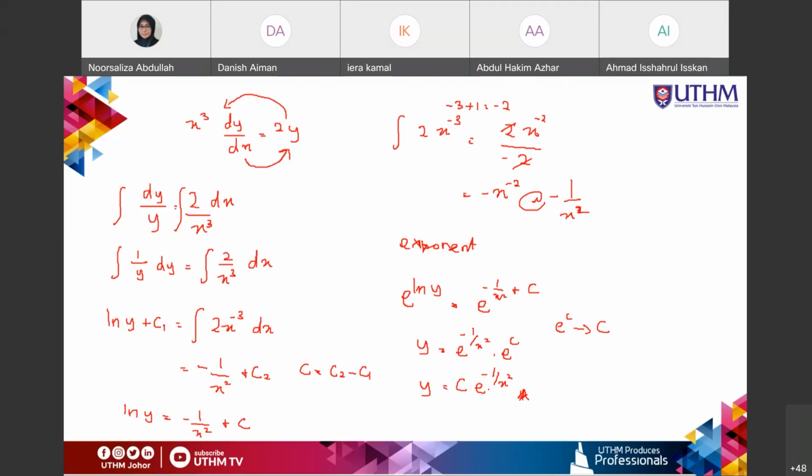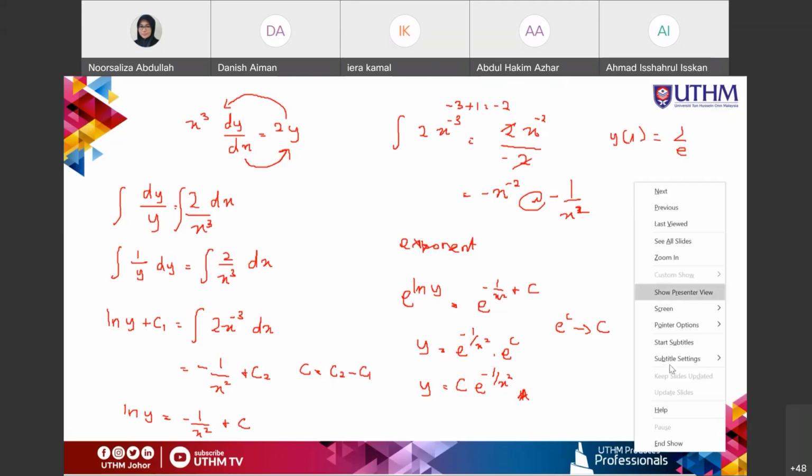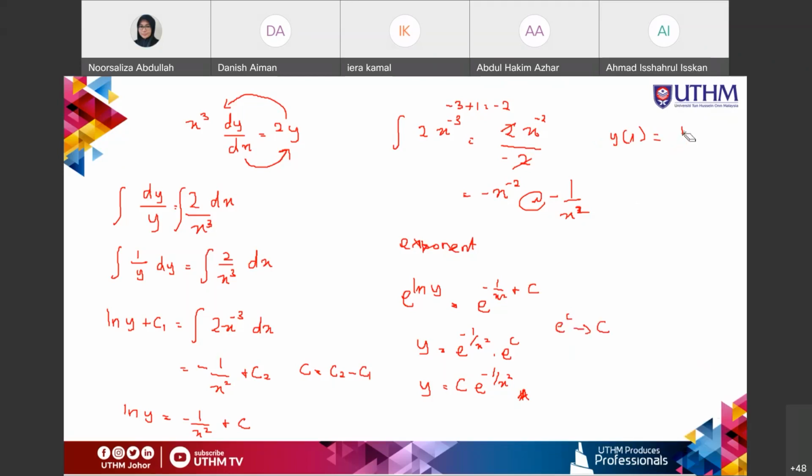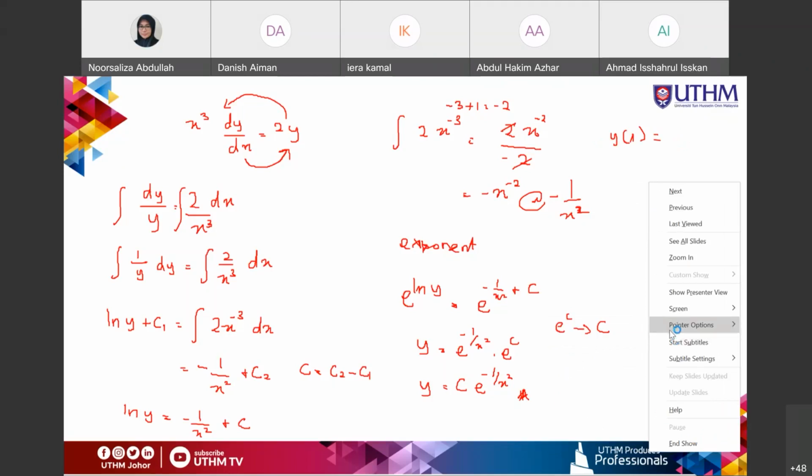Okay. Given condition, y1 equals to 1 over e. Awak diberi keadaan awal yang mana y1 equals to 1 over e.